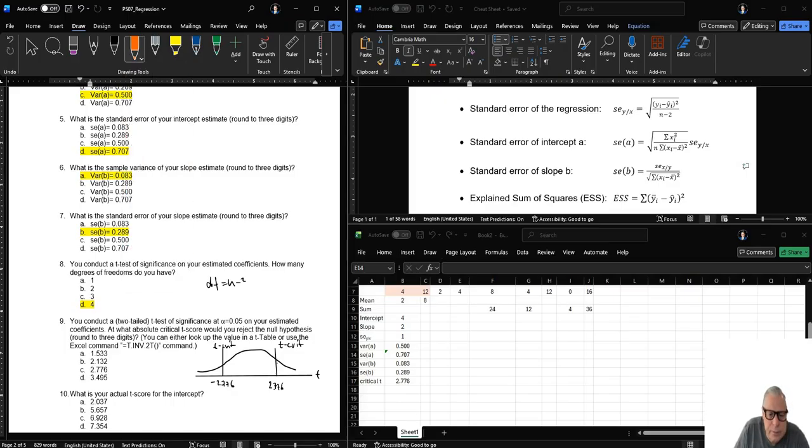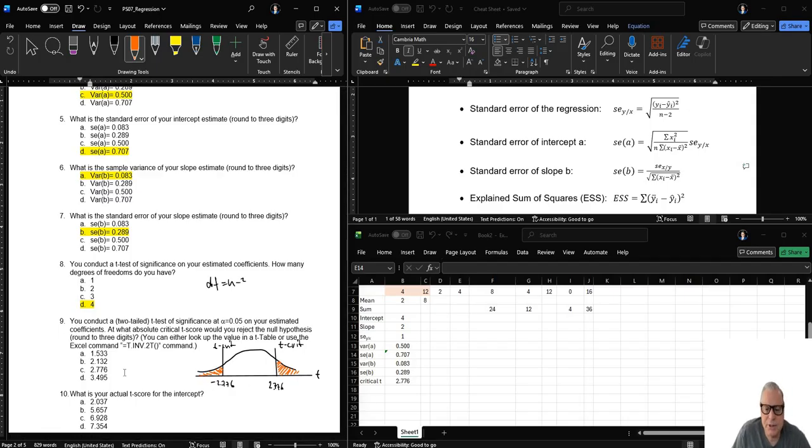So these orange fields are our rejection zone. So in other words, if our estimated intercept or estimated slope coefficient is more than 2.776 standard errors away from a hypothetical mean of 0, because that's the null hypothesis, that we assume that the slope coefficient is 0, then it will fall into the rejection zone.